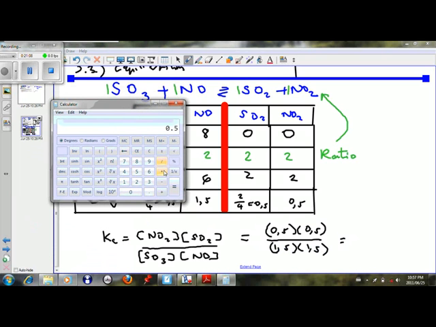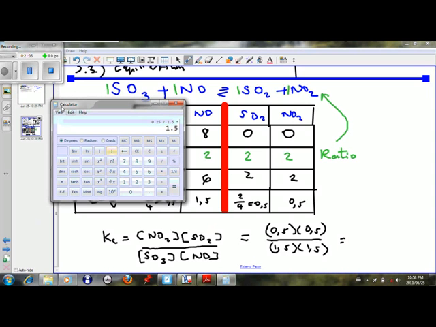0,5 multiplied by 0,5 gives us 0,25, divided by, and if you put it in, 1,5 multiplied by 1,5, and we close the bracket. Oops, I think there's a mistake here.